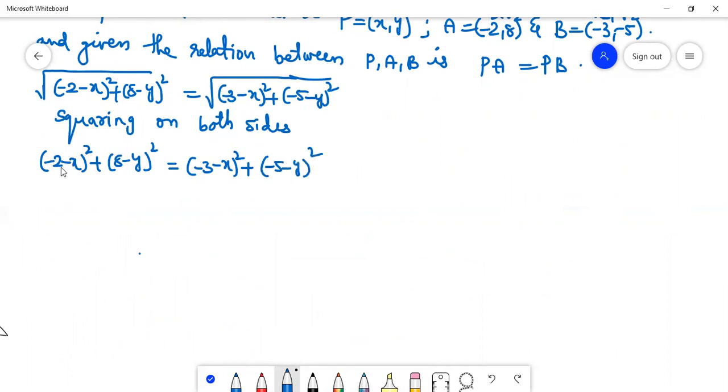Here in these two terms taking minus common, minus into minus is plus, so squaring the minus, it is (2 plus x) whole square plus (8 minus y) whole square is equal to, in this also taking the minus common, it becomes (3 plus x) whole square plus, in these two terms taking minus common, (5 plus y) whole square.